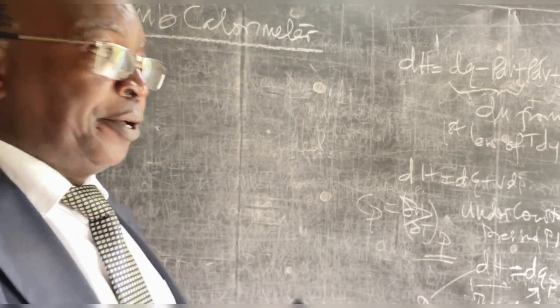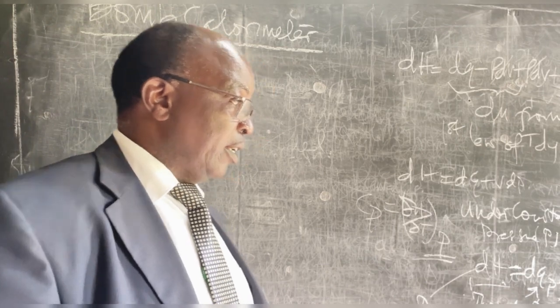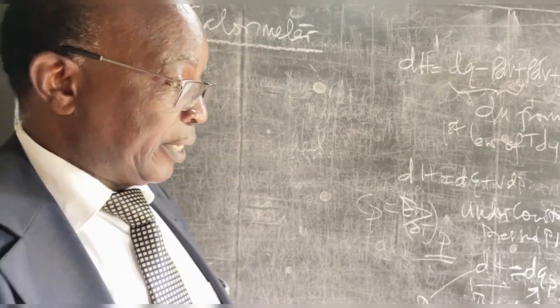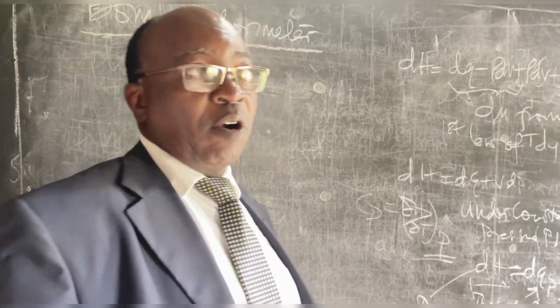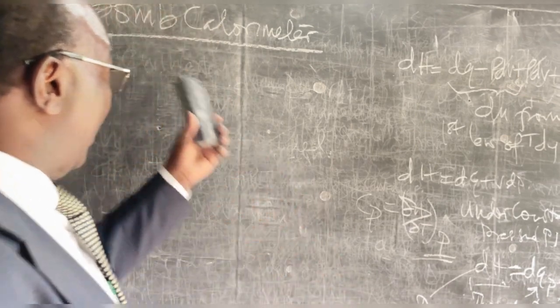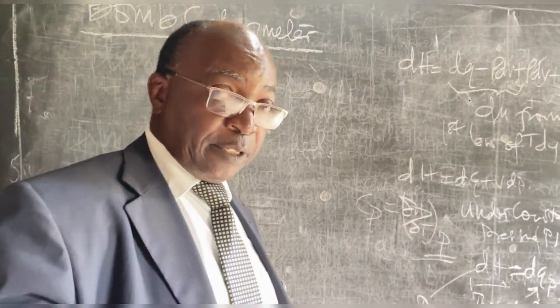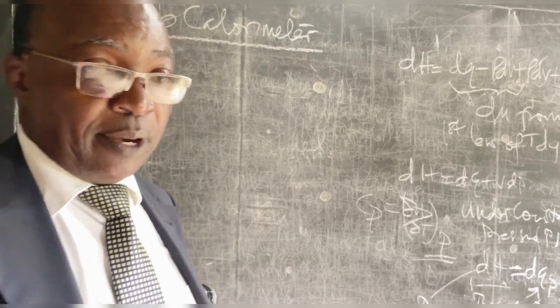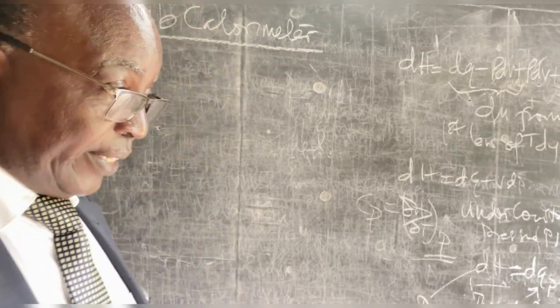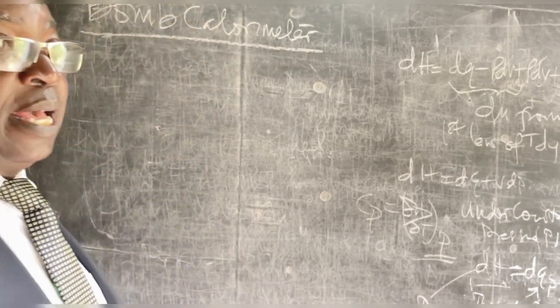For example, if you want to know the energy content of margarine or some peanut butter or some fuel, then you'll have to use a bomb calorimeter so that you're able to compute from the experimental data which you get, or what you call empirical data, what the values are.